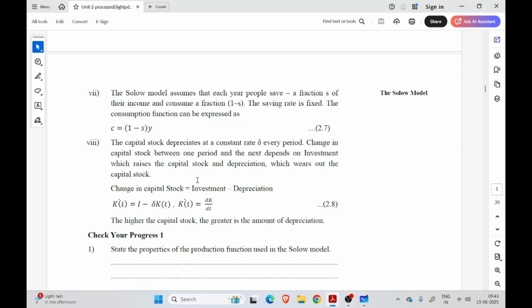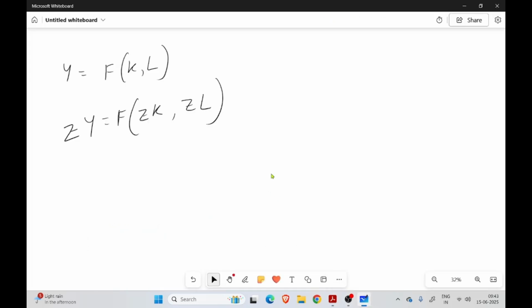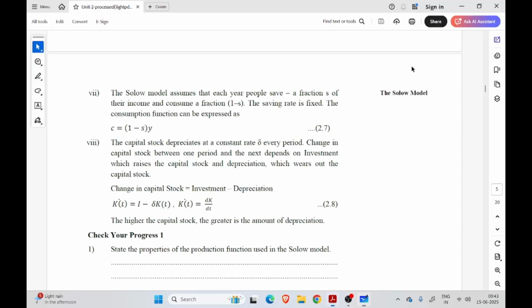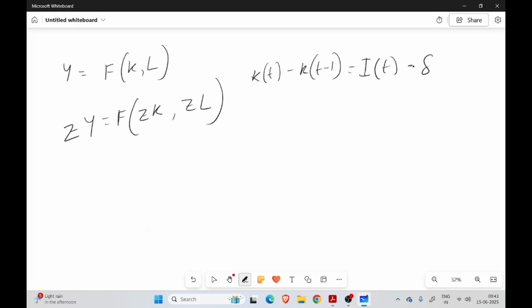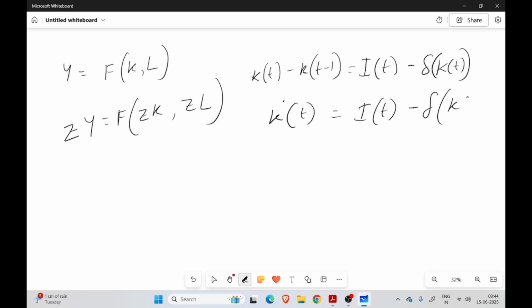So K dot t, if we write it in discrete time terms, is K_t minus K_{t-1}, and this will be given by investment at time t minus depreciation at time t.